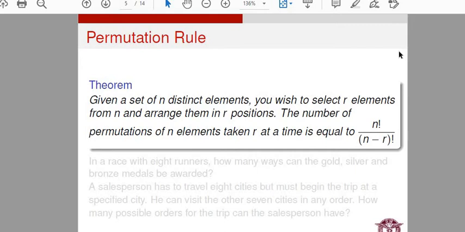Given a set of n distinct elements, you wish to select R elements from n and arrange them in R positions. The number of permutations of n elements taken R at a time is equal to n factorial divided by n minus R factorial, right?